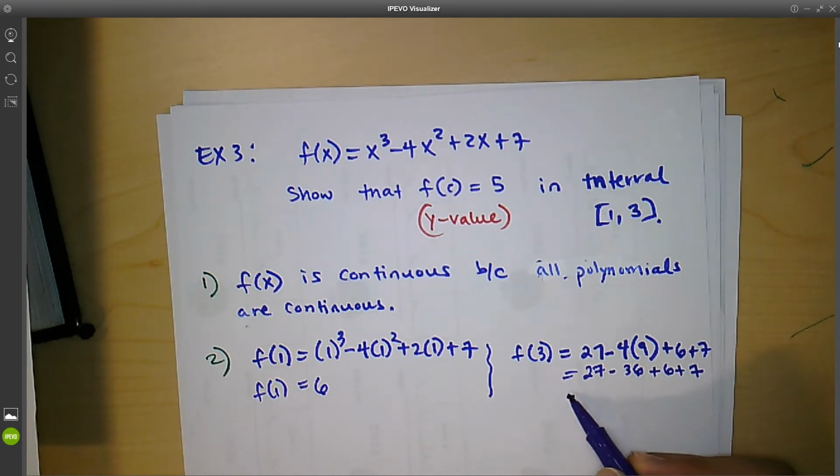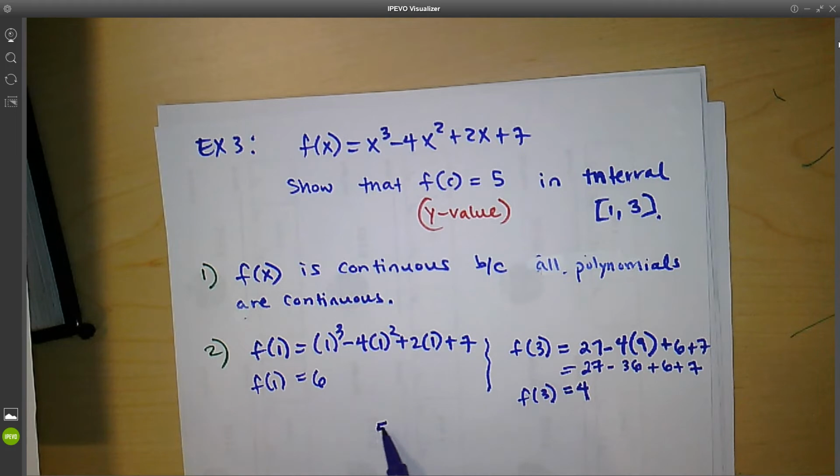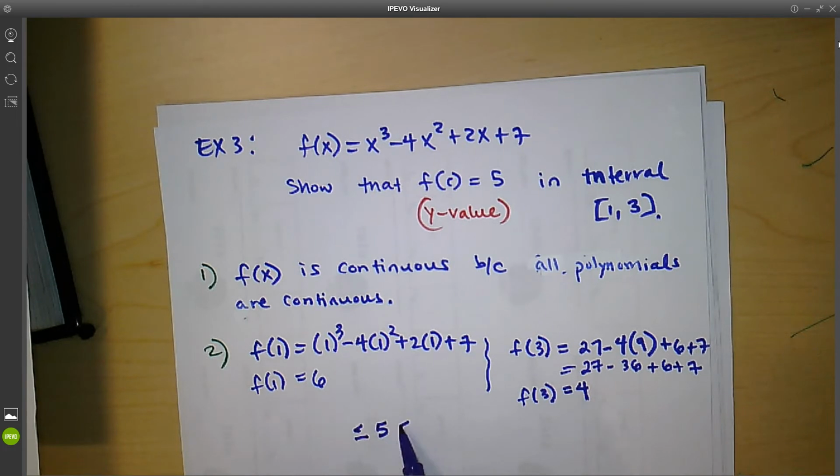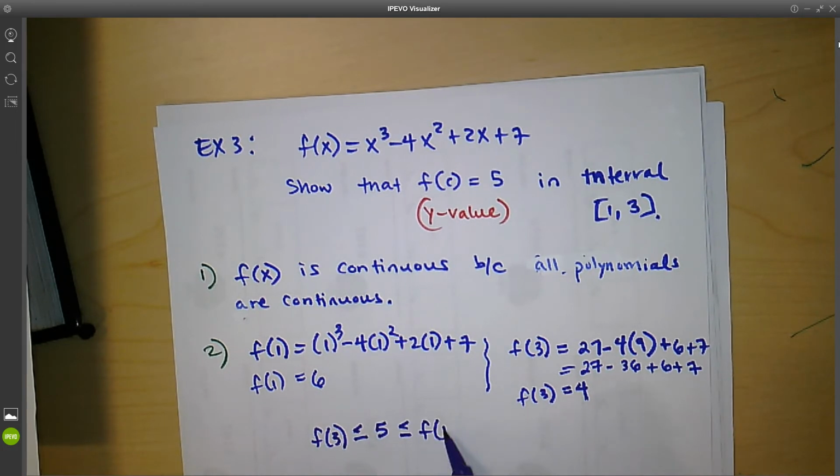Is it 4? Yeah. It is 4. F of 3 is 4. Is 5 between 4 and 6? Yes. Rewrite your in-between statement. 5 is between f of 3 and f of 1.